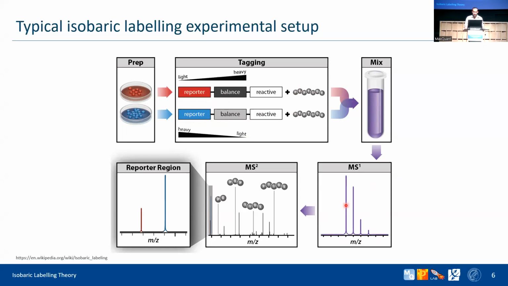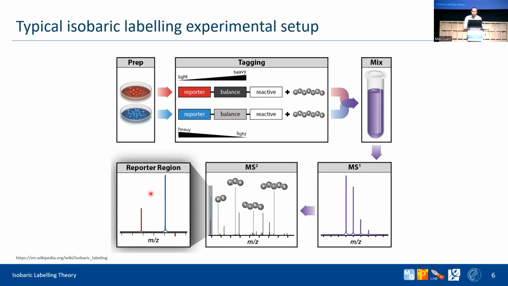We get our MS1 spectra, we take our MS1 ions, and then we fragment them. The peptide is fragmented as you expect it to, and the reporter ions end up in this reporter region where we can differentiate them and use the differences in their intensities for quantification.